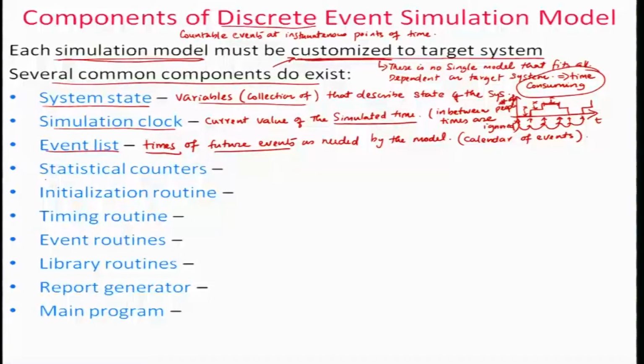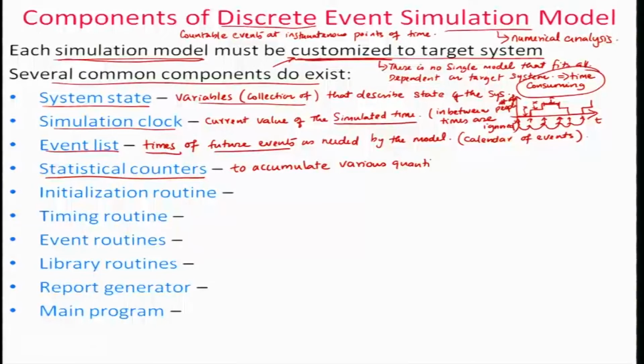Then we talked about statistical counters, because we know that simulation, as I said earlier, is a numerical analysis. So, when you have a numerical analysis, you need statistical counters. They accumulate various quantities for output.